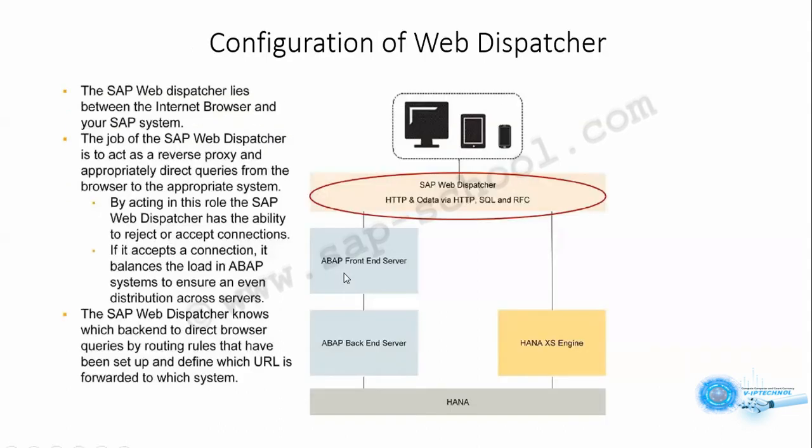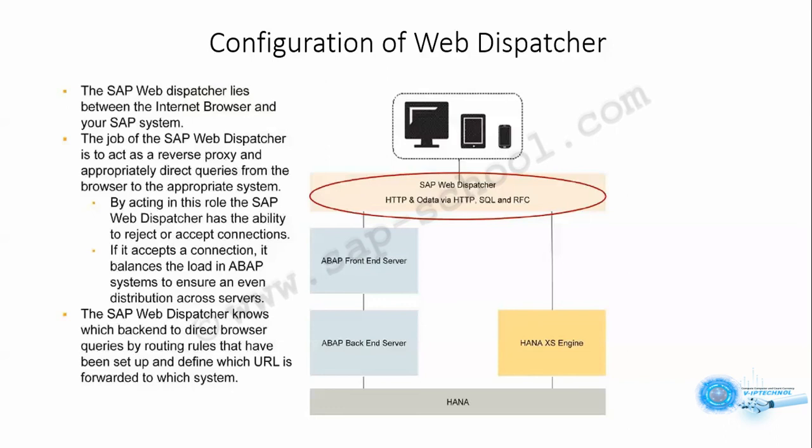First of all, we have the configuration of Web Dispatcher. The SAP Web Dispatcher lies between the internet browser and a SAP system. The job of a SAP Web Dispatcher is to act as a reverse proxy and appropriately direct the queries from the browser to the appropriate system. By acting in this role, the SAP Web Dispatcher has the ability to reject or accept the connection.